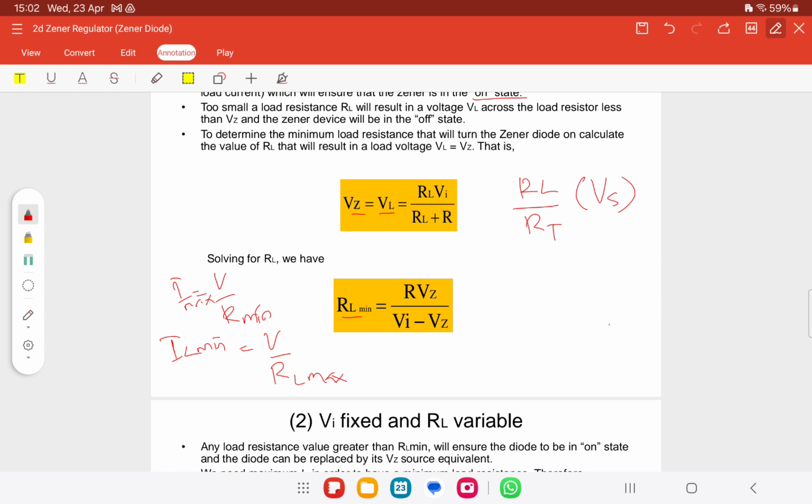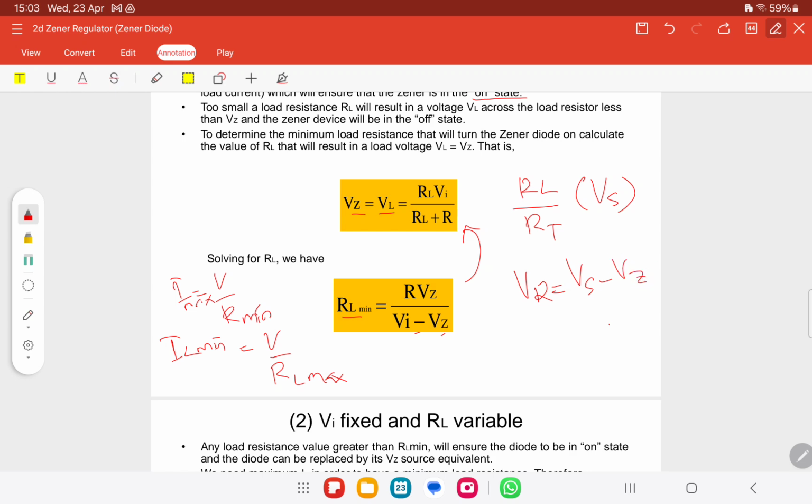Okay, so for the RL min, actually this one comes from this formula also. So we just turn it around: VI minus VZ. What is VI minus VZ? It is VR, the V supply minus the Vz.